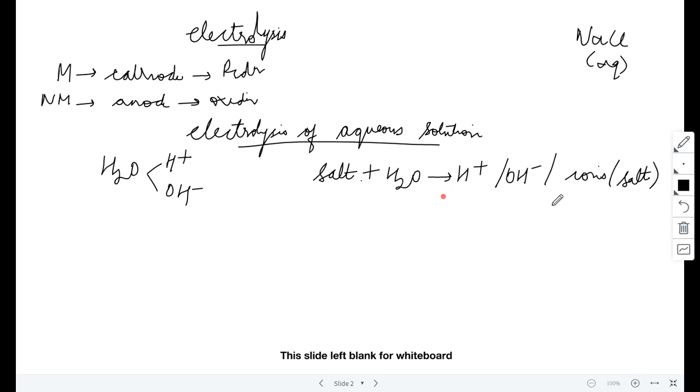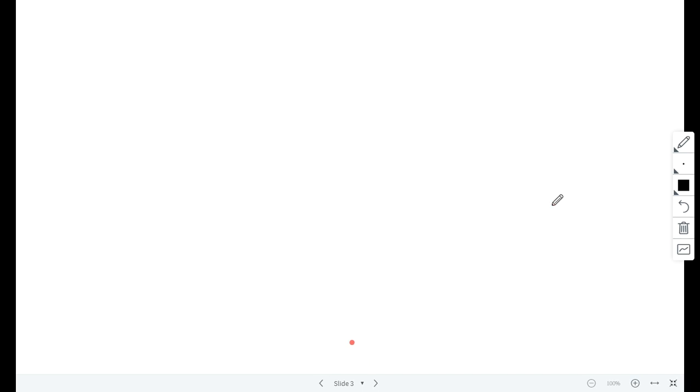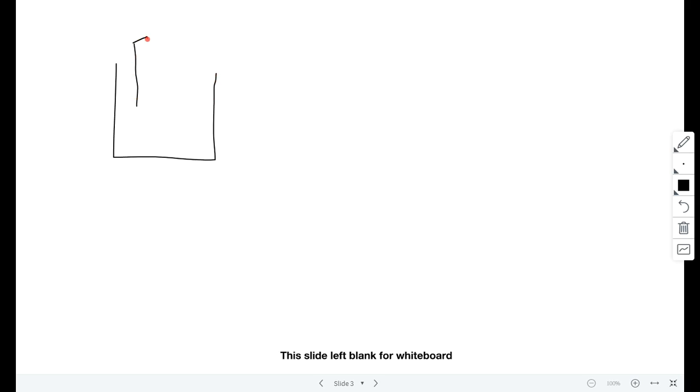So now when we talk about the electrolysis of the aqueous solution, I'm going to draw this. This is a beaker, and here we have two electrodes. This is our cathode, and this is our anode, and we have a power supply with this.